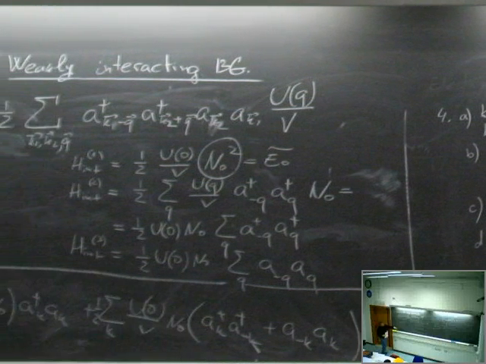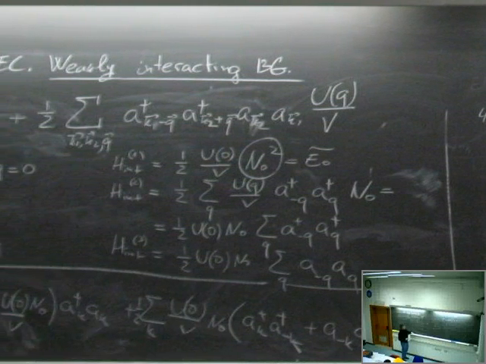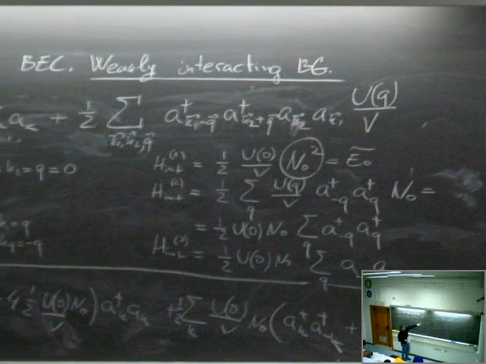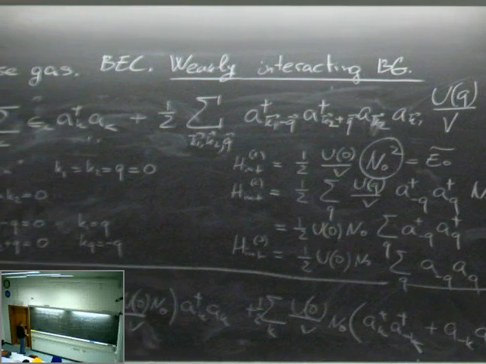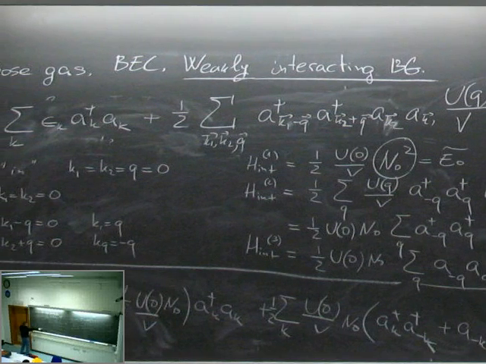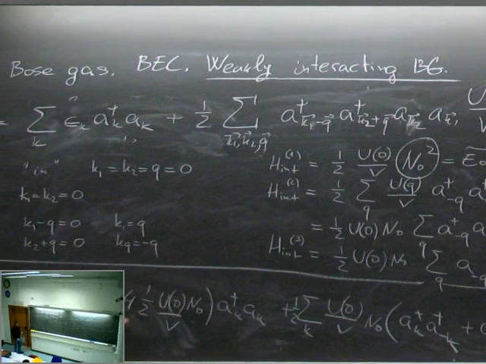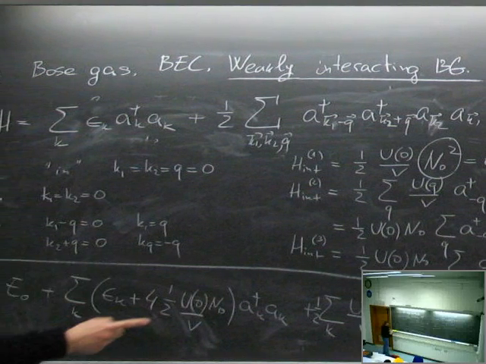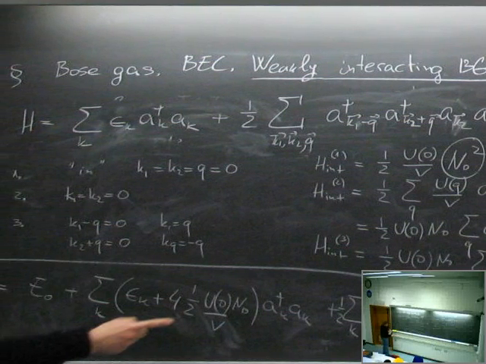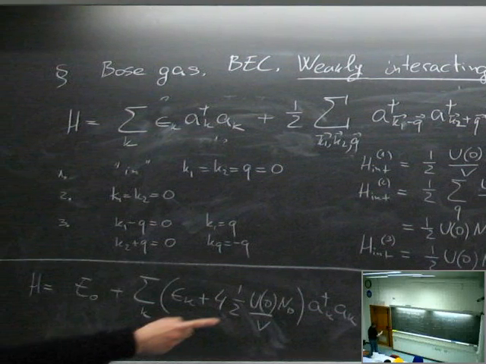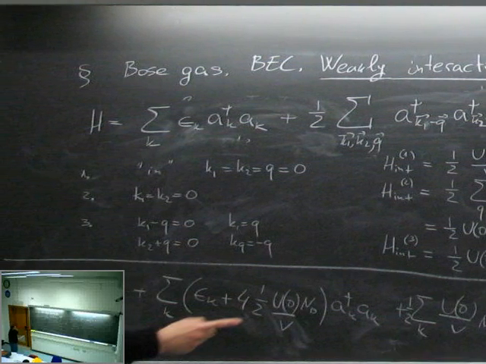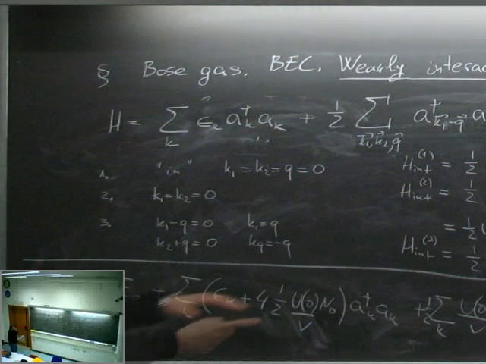If I put n₀ squared here, I see the additional term with minus 2n, which will change the number of particles there.